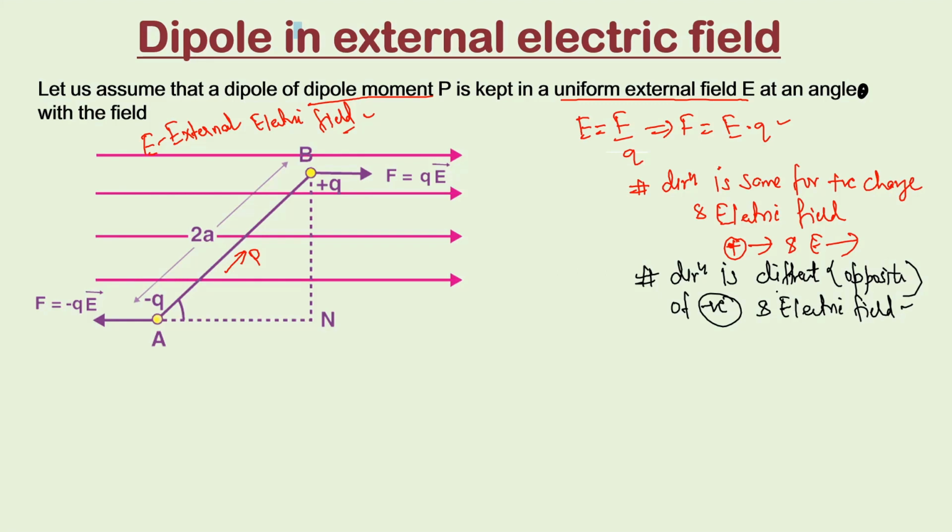So from the given figure, we have seen that on the dipole we have two forces acting in opposite directions. So we can say that the overall force acting on the dipole is zero.